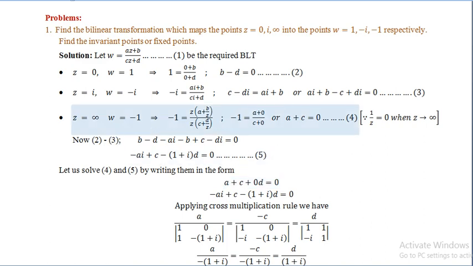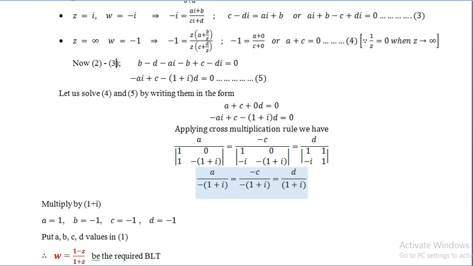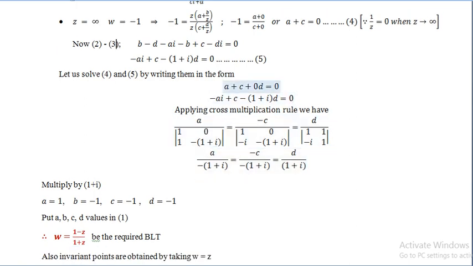We express equation 4 as a plus c plus 0 d. In equation 5, d is present, so we write equation number 5 as it is: minus ai plus c and minus d times 1 plus i. Now apply the cross multiplication rule for these two equations.